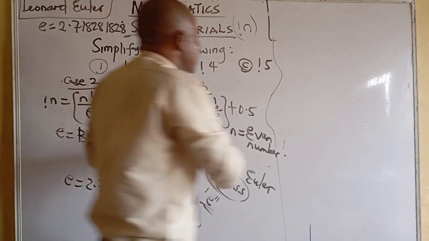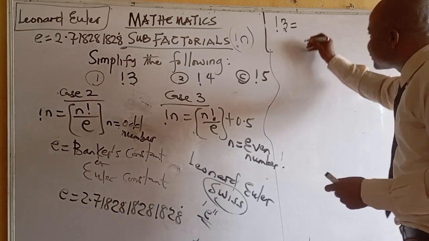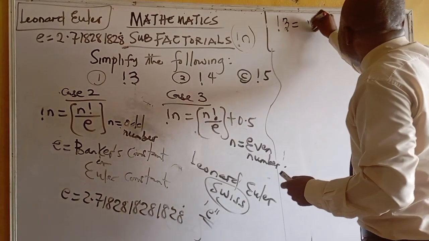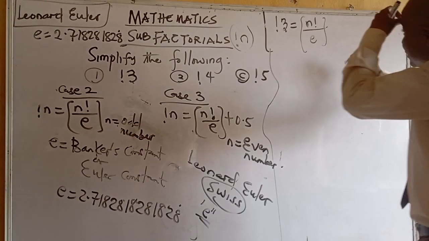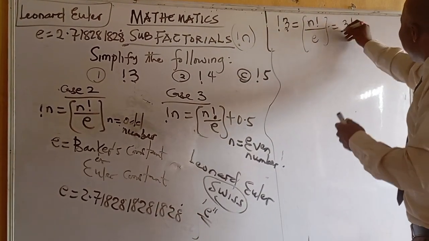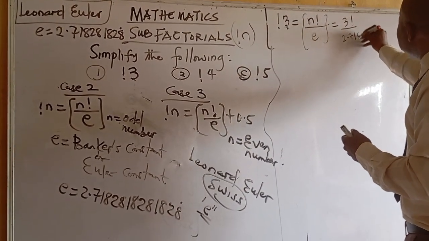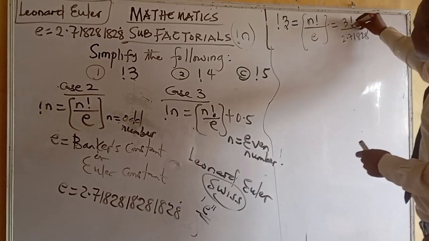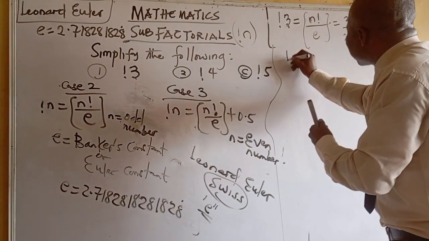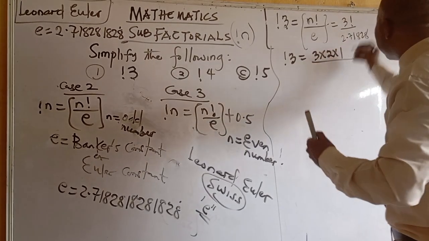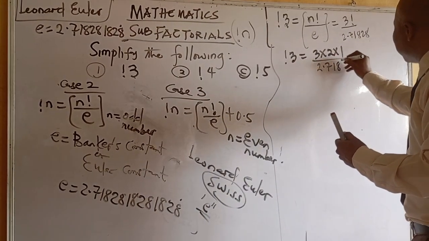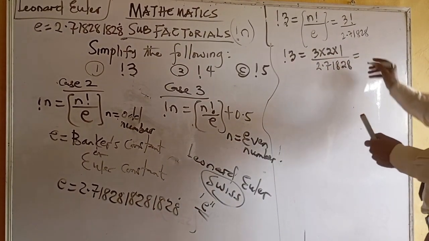And move to the other side. Now sub-factorial 3 is equal to n factorial over e. This is the formula, which is 3 factorial over 2.71828. Sub-factorial 3 is equal to 3 times 2 times 1, that is 3 factorial, over 2.71828.